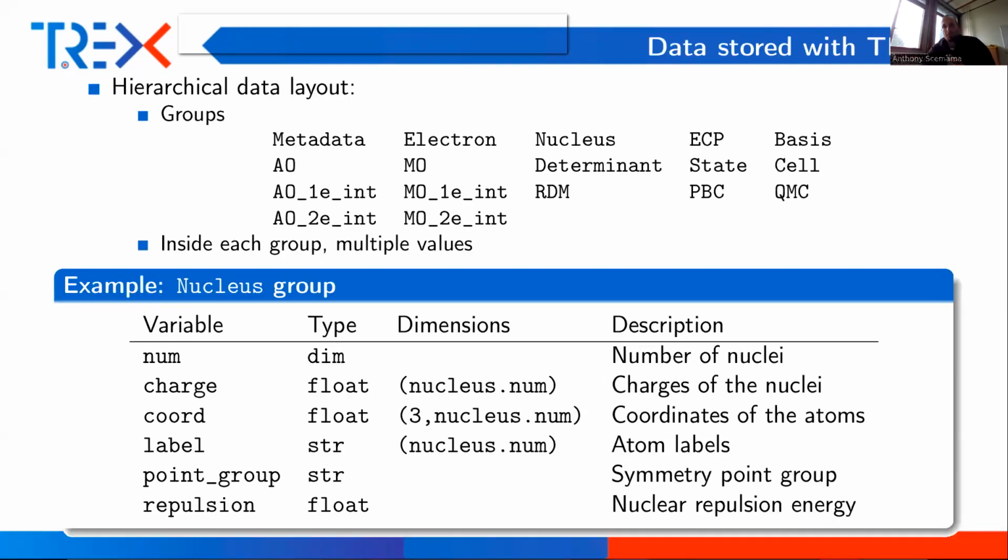So about the data stored with TREXIO. We use a hierarchical data layout. We store first groups, which are like directories, and inside each group, we store multiple values. So this is what we're able to store now: data about electrons, nuclei, so this is basically the geometry, charge, etc. The basis set.